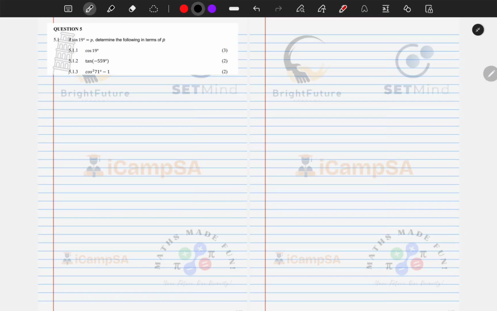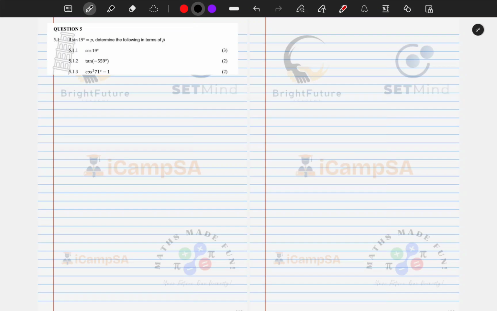So we'll start at question 5. Here we are being told that if sine 19 degrees is equal to p, determine the following in terms of p. It means that all the answers that we get should be in terms of p, or should have some value of p.